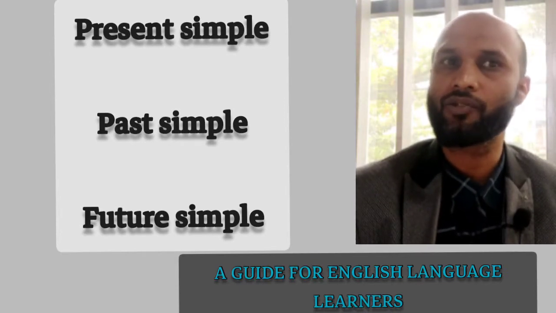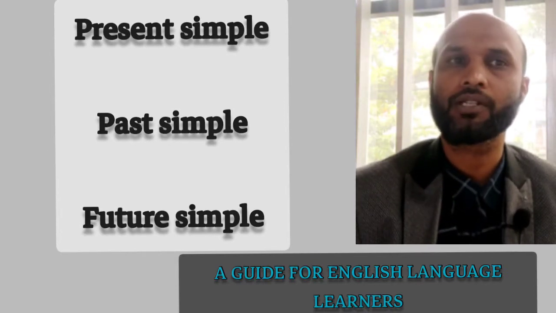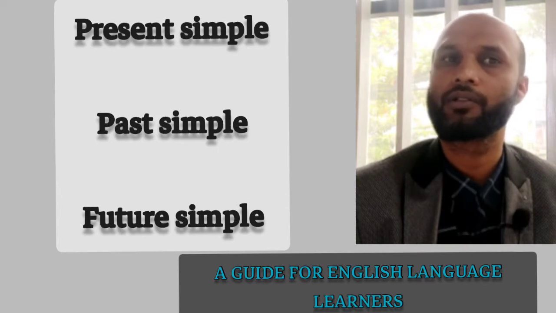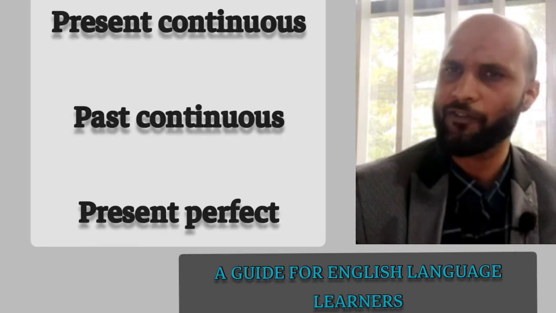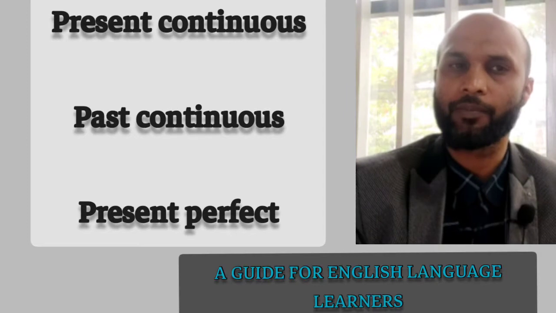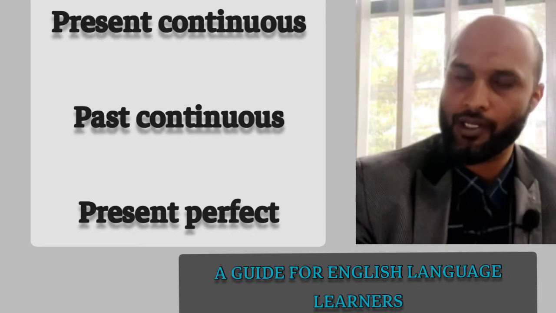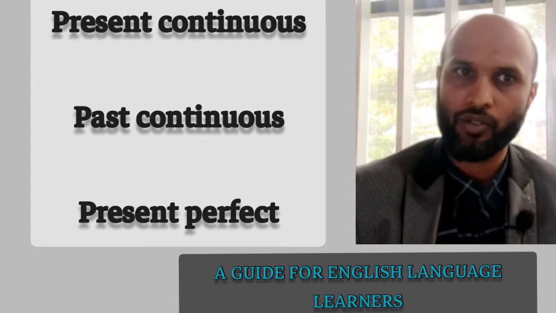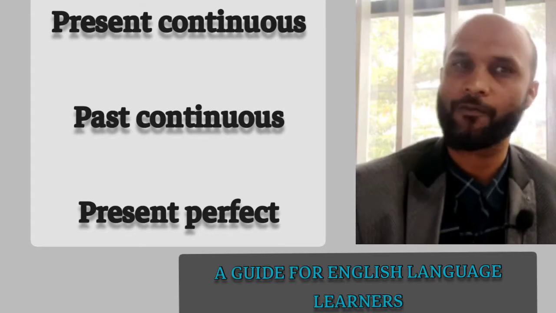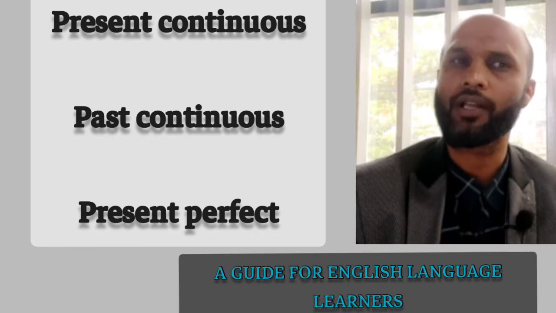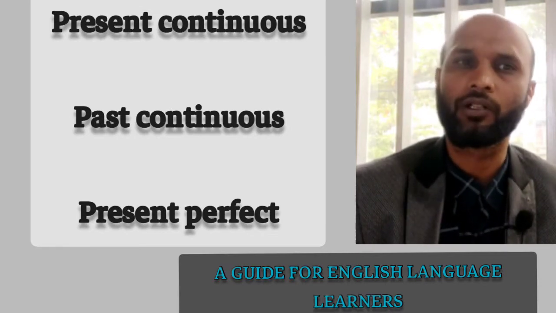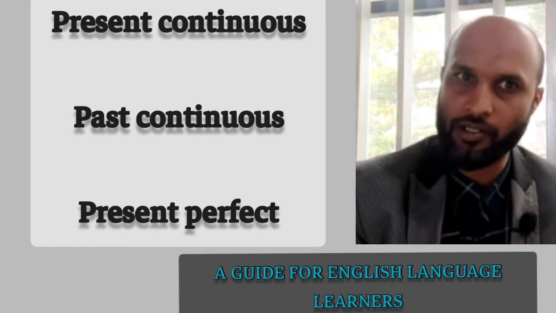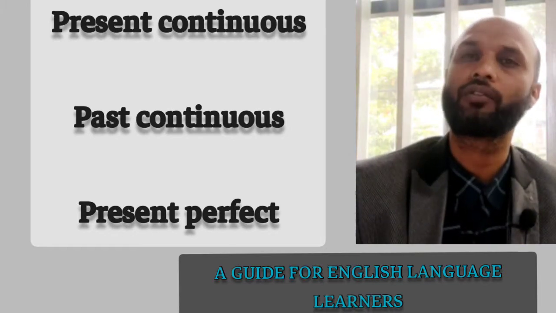Knowing just these 3 tenses will allow you to place events all throughout the timeline. After this, study the present continuous, the past continuous, and present perfect. With these 3 tenses, you will be able to get more specific when you speak or write and express your thoughts more easily. Once you have learned these 6 basic tenses, you can continue with the rest.